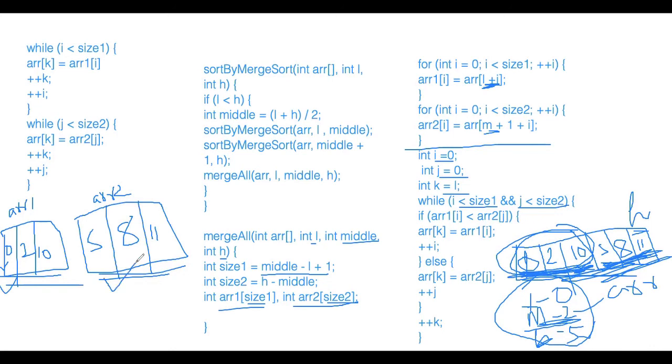Okay. So now what will we do? We will compare the first element of this array and the first element of this array, right? That is ARR1 of i, which is the first element, and ARR2 of j, right? Whichever is lower, we will add that lower one into the beginning of our new array, which is ARR only.